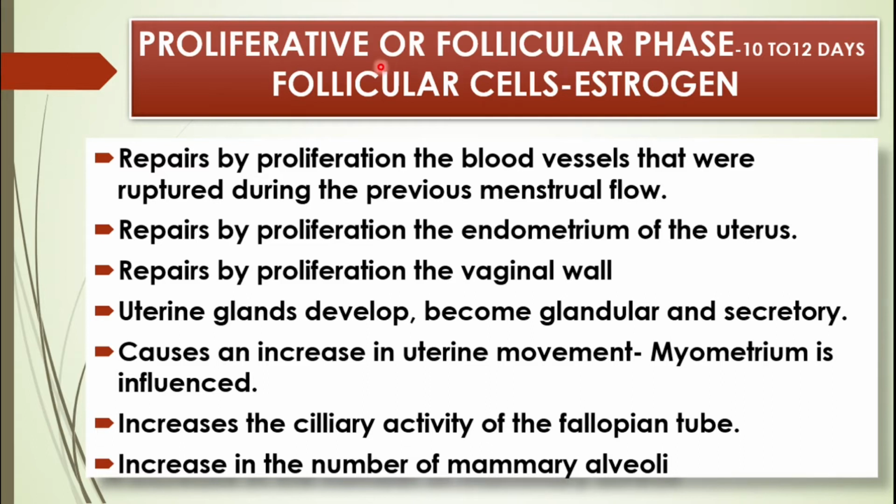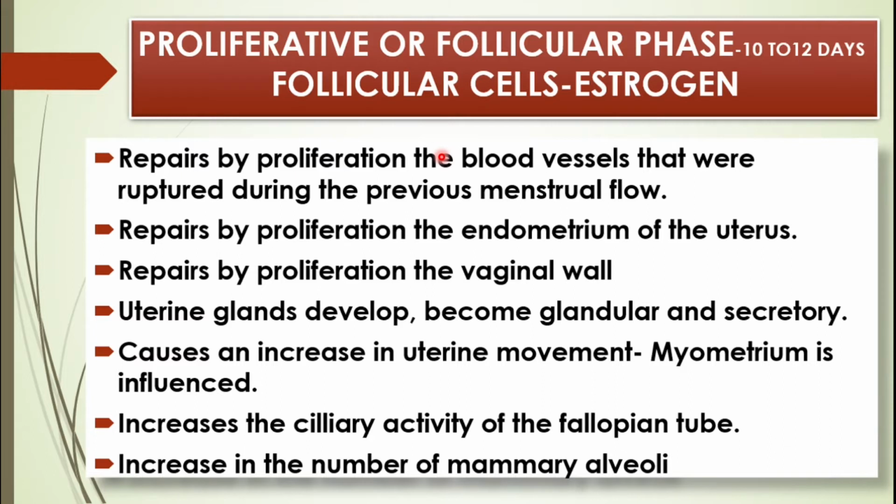Now, we saw that a secondary oocyte starts developing within the Graafian follicle, and the rest of the follicular cells start producing estrogen. Under the influence of estrogen, a number of changes are observed within the secondary sex organs.